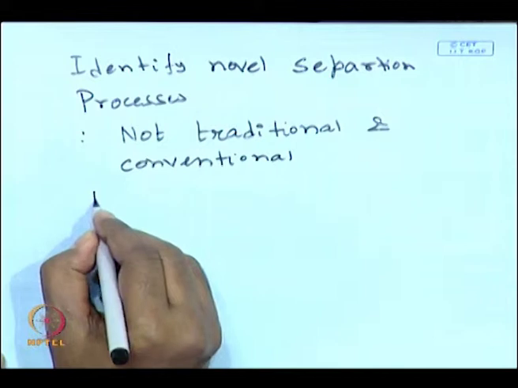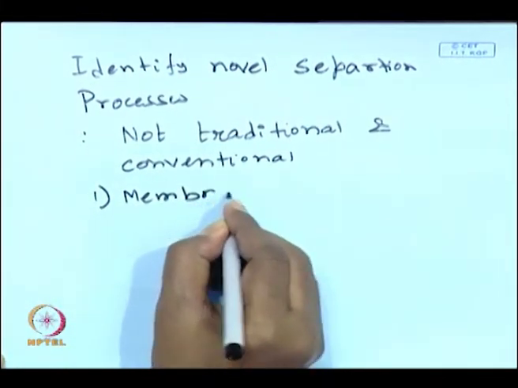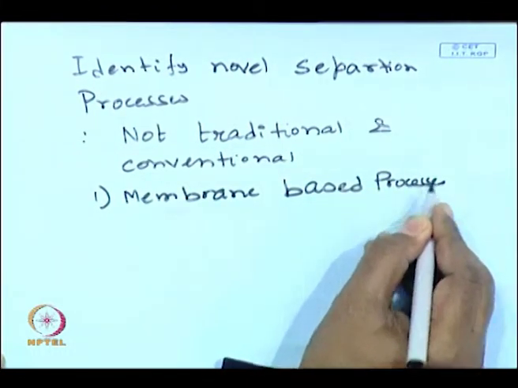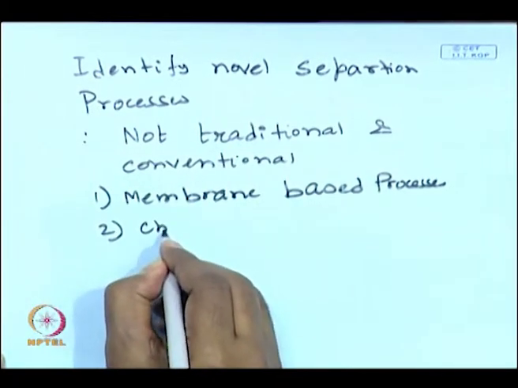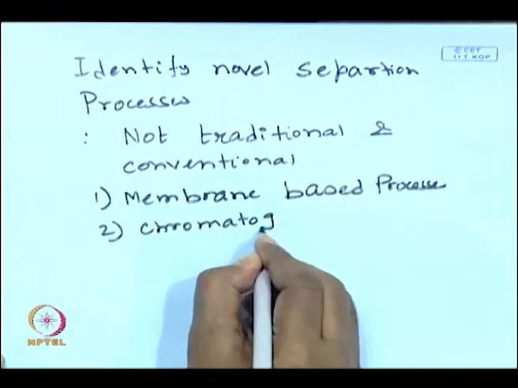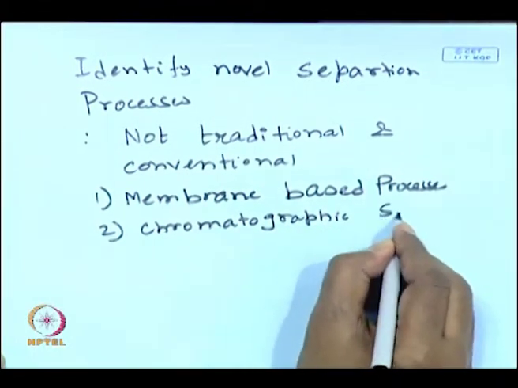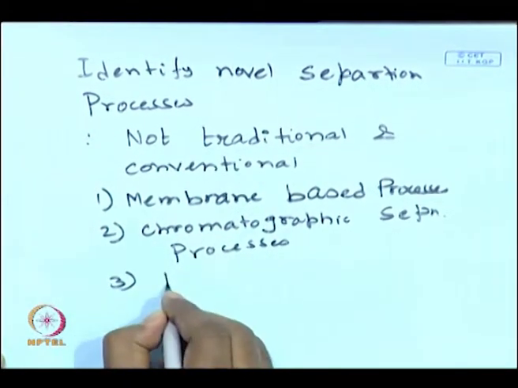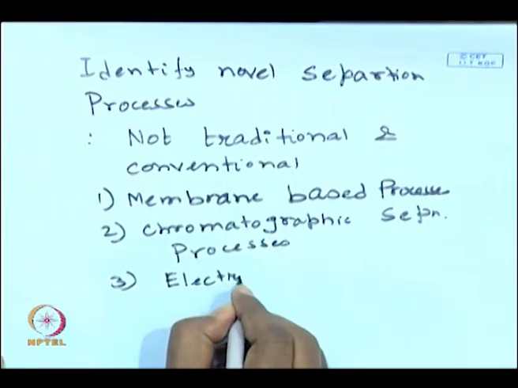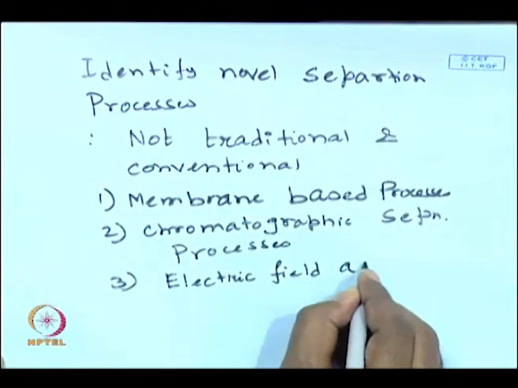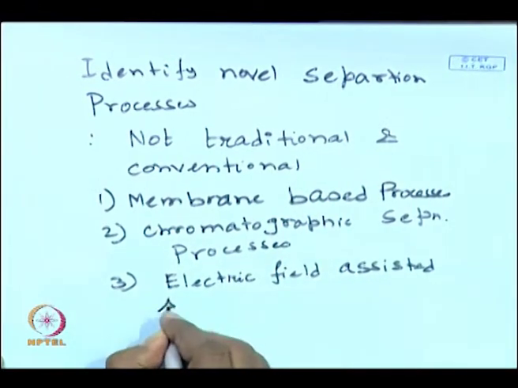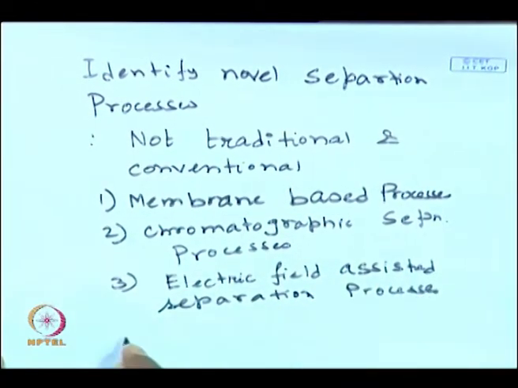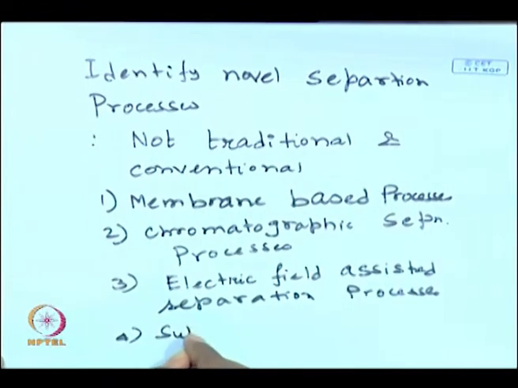So, these are basically: number one, membrane based processes; number two, chromatographic separation processes; number three, electric field assisted separation processes; number four, supercritical fluid extraction, and so on and so forth.